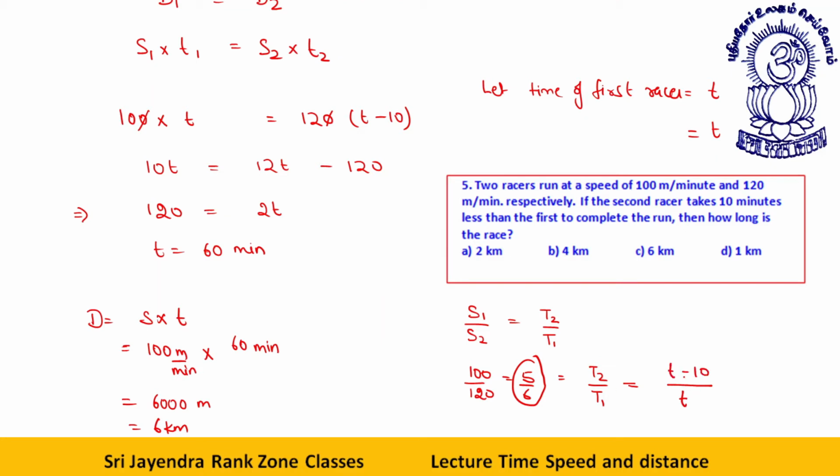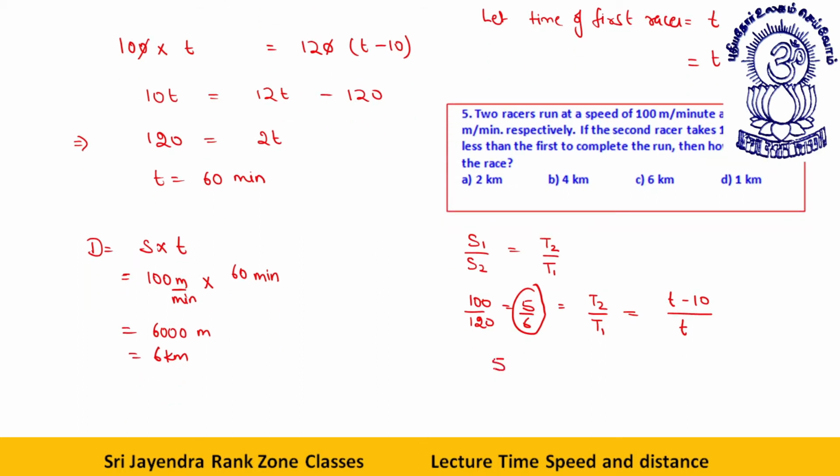Now you don't need to solve this equation. I am not doing cross multiplication, I just intend to see that the difference is 10 over here. This is t, this is t minus 10, this difference is 10. Right now this difference is 1. So multiply both these by 10, you will directly get 50, 60. Getting it? So from here you get t is equal to 60.